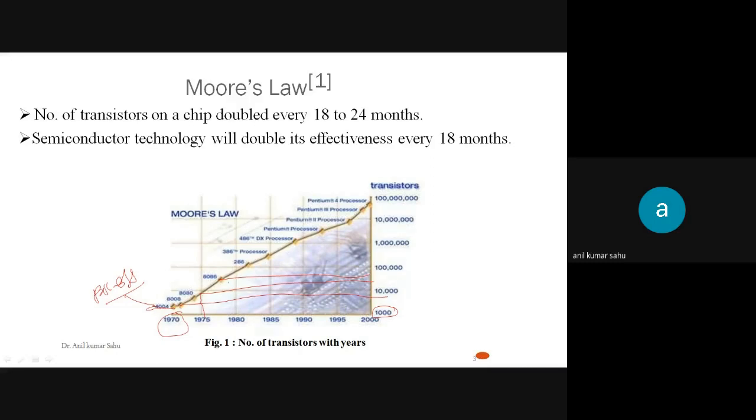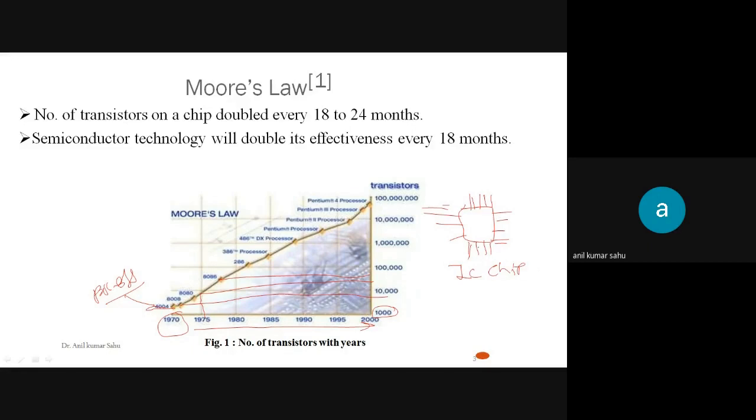Here we can see that as the years increase, the number of transistors inside the microprocessor, the density of the IC chip, increases. A microprocessor is nothing but an IC chip.